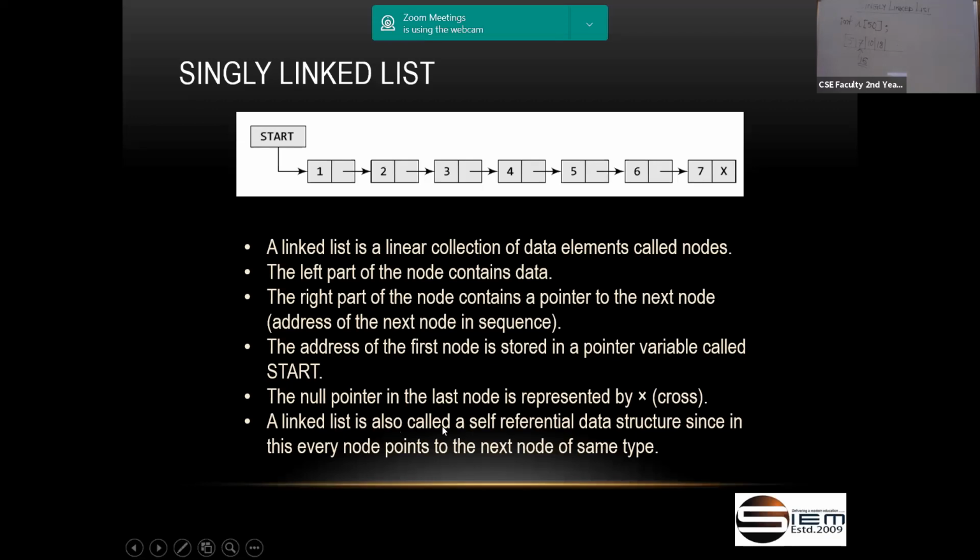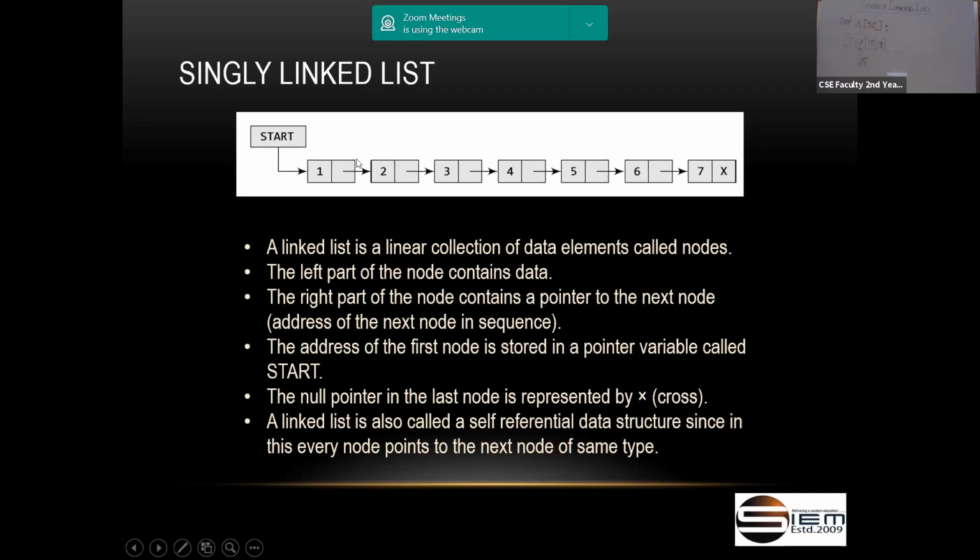A linked list is also called a self-referential data structure, since in this every node points to the next node of the same type. Why is it called a self-referential data structure? This is called a reference. It is referring to another node of the same type.